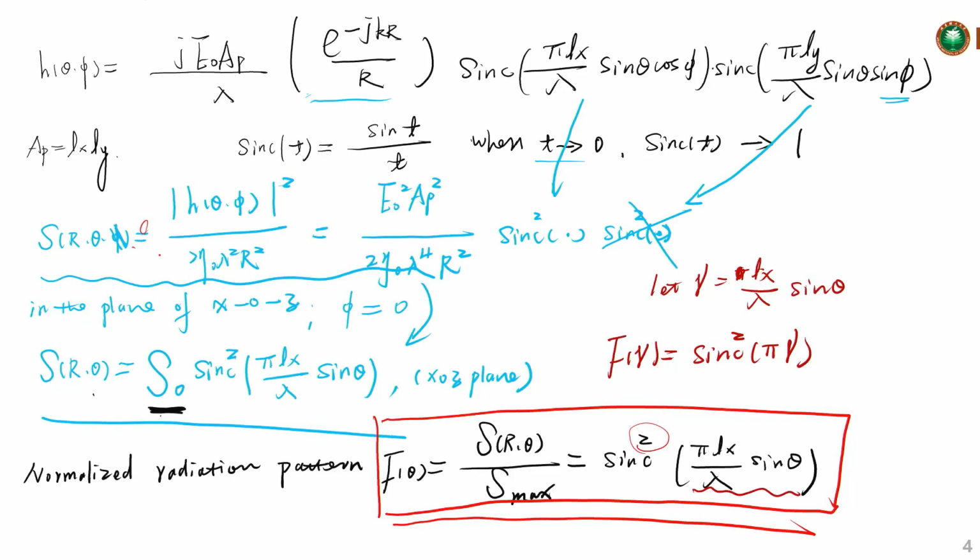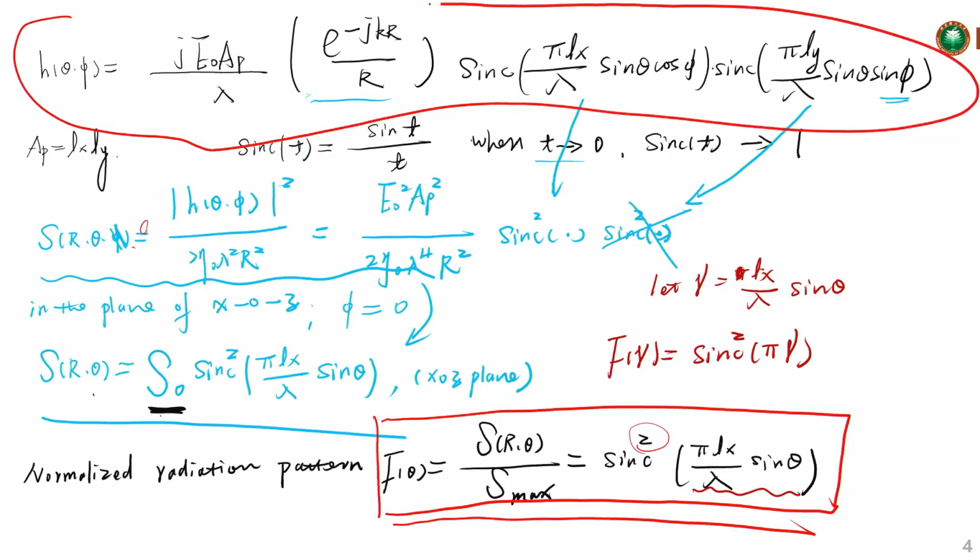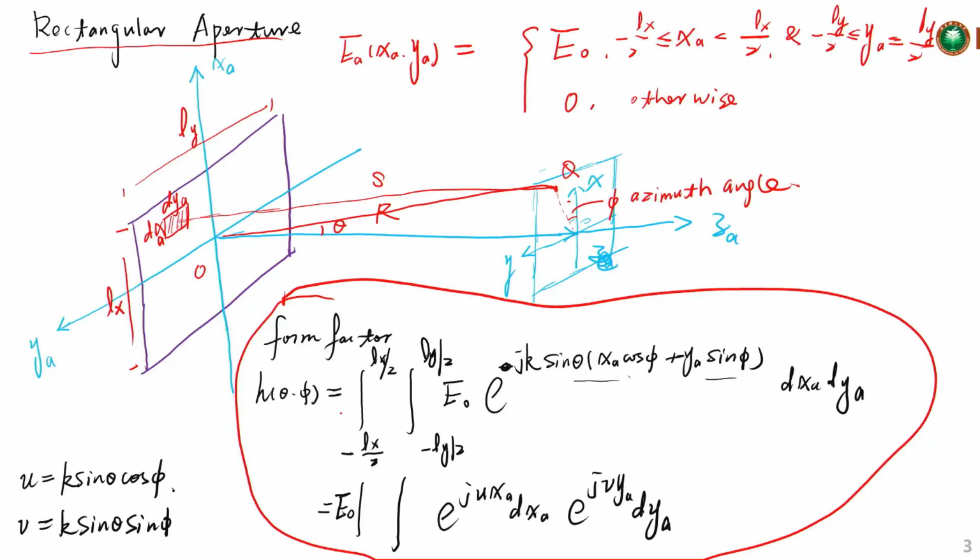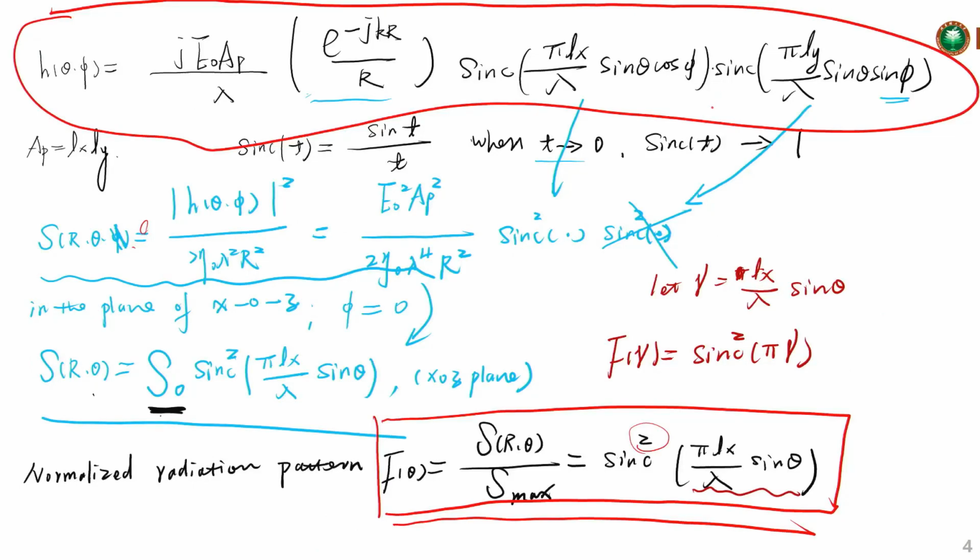Where is it? Here. The final expression, this term. Okay. So just mathematical calculations on that one, based on the form factor. All right. We take an integration over the whole aperture and obtain the formula of this part. Okay, just as the homework.